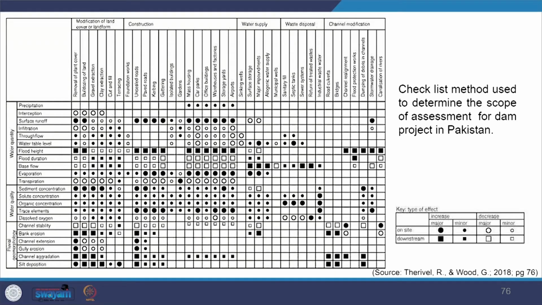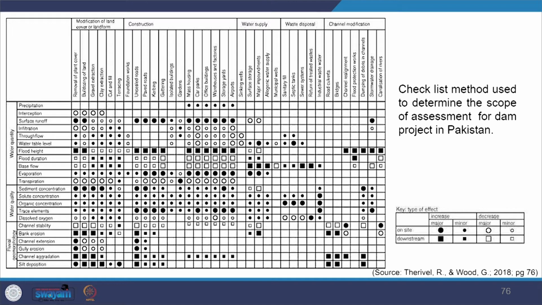Here we see a checklist method used to determine the scope of assessment for a dam project in Pakistan. We have now developed considerable understanding of impact of dam development during operational as well as construction phases. Water related impact of dam operations are usually very extensive, ranging from water quantity, quality and fluvial geomorphological study.